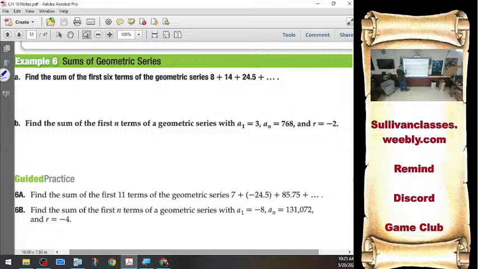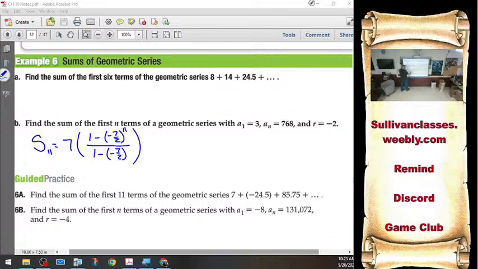So, sum of the first 11 terms. So I've got S sub 11 is a sub 1, right? Yep. 7 by 1 minus, so 5, 3 and a half, 3.5, 7 halves, to the 11th.